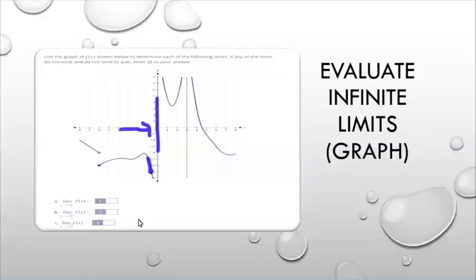So you need to look for that piece of graph that is getting closer to that asymptote and look at the behavior. So this is decreasing without bound, which means that the limit as x approaches 0 from the left is negative infinity.